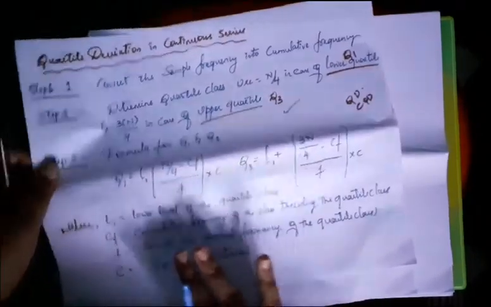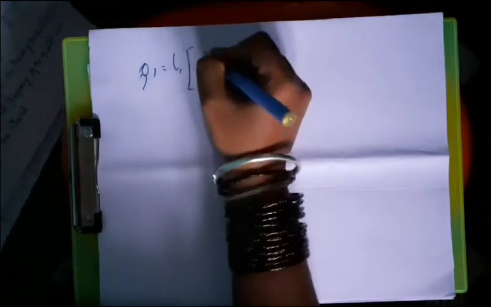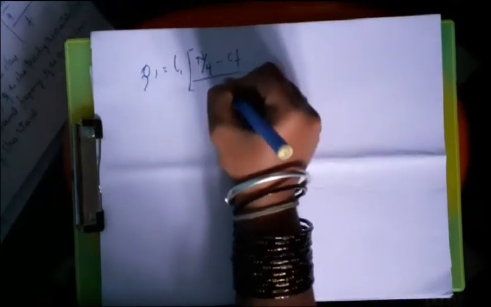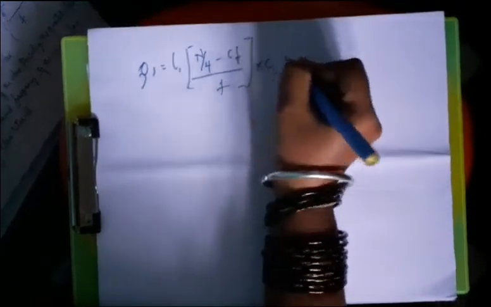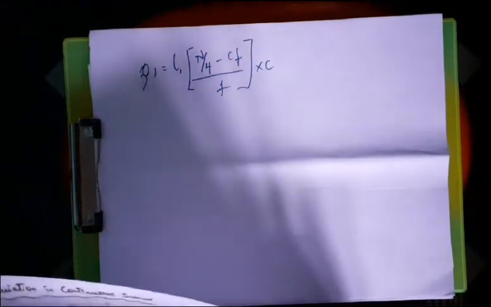The formula for calculating Q1 is L1 plus n by 4 minus cumulative frequency, divided by frequency, into C. So how much L value did we get for this Q1? That is 25.